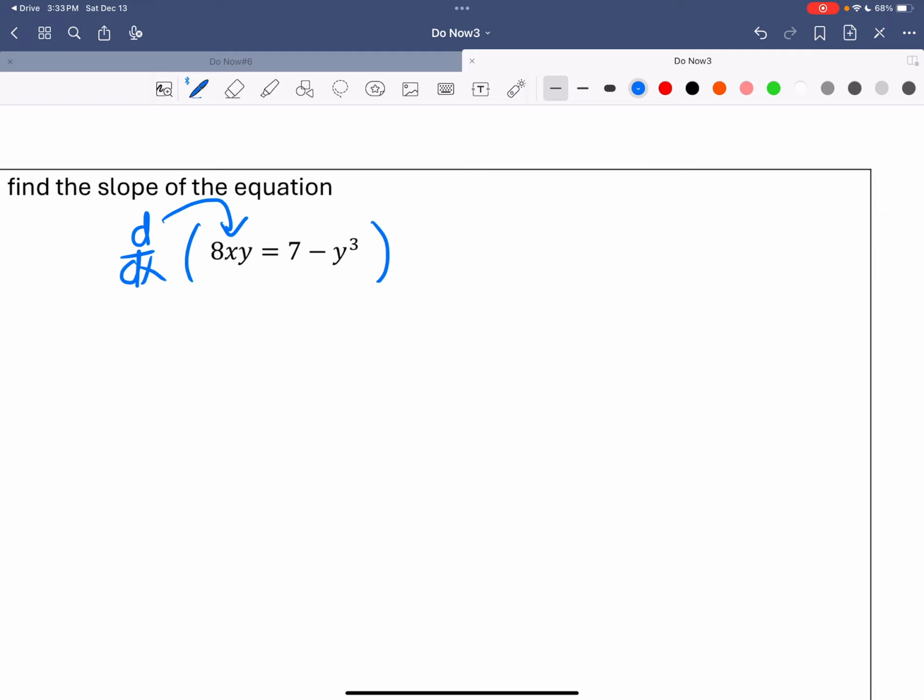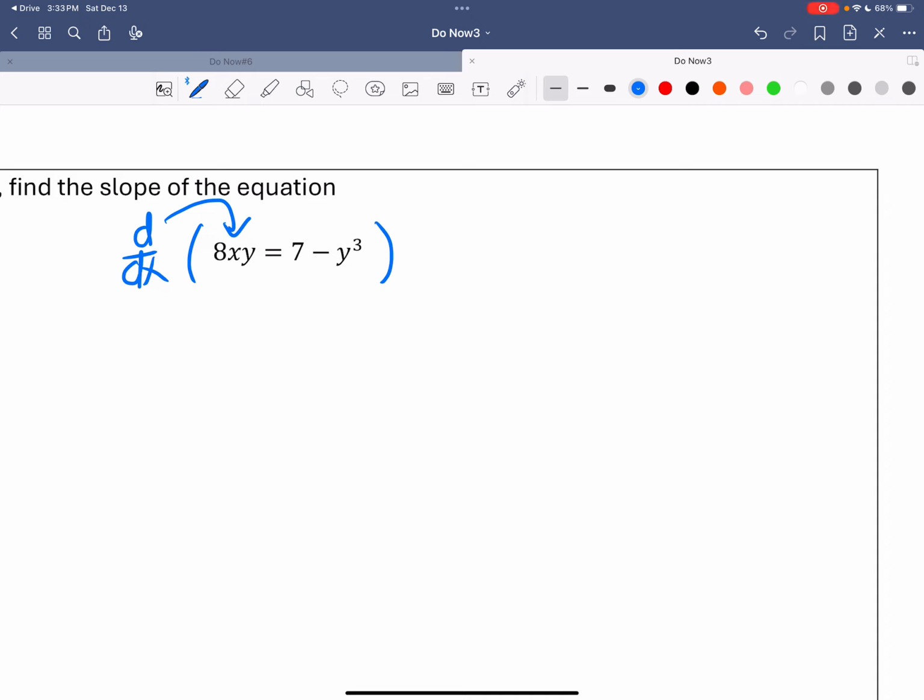When you take a derivative of 8xy, keep in mind, f is equal to 8x, therefore f prime is 8. g is equal to y, therefore g prime is equal to dy over dx.